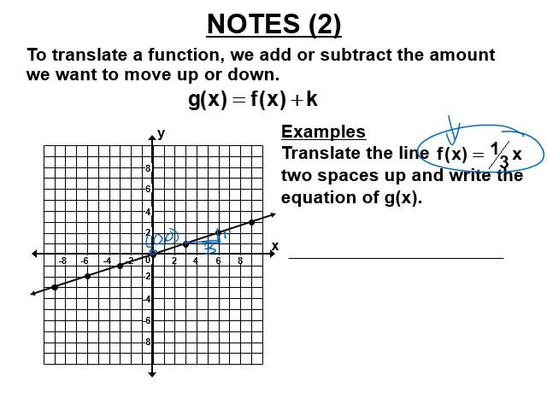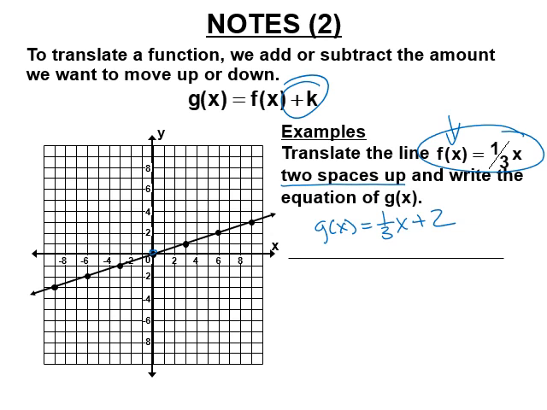So we're going to translate it 2 spaces up. So literally you add 2 to the function. So g of x is what we had before, 1/3 x, plus this new variable k, which is just 2 spaces up. Add 2. And so let's see that.